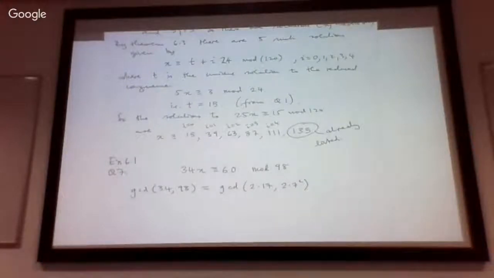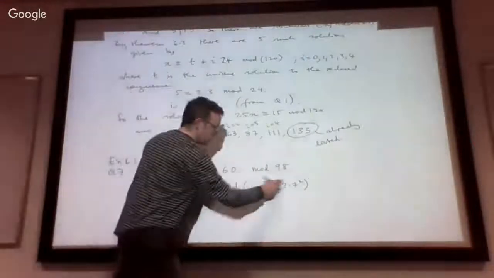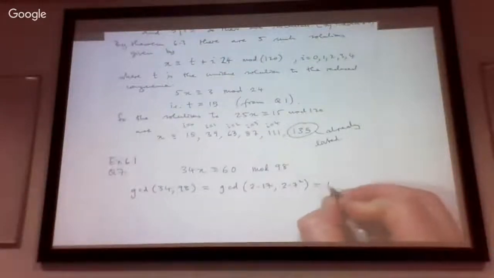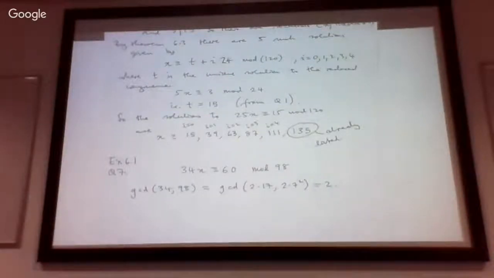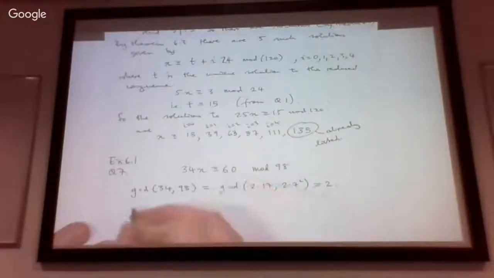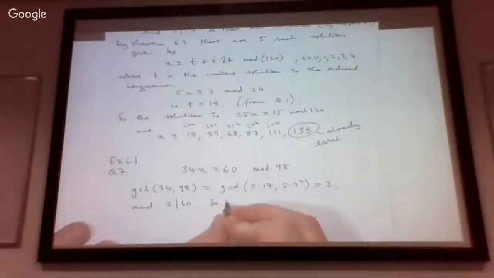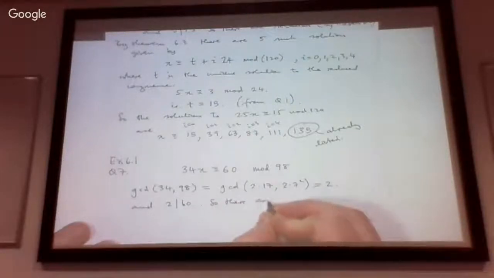So what's the GCD? 2. Comparing the two prime factorizations, the overlap is 2. So the GCD is 2, and 2 does divide 6. So there are solutions. 2 solutions.